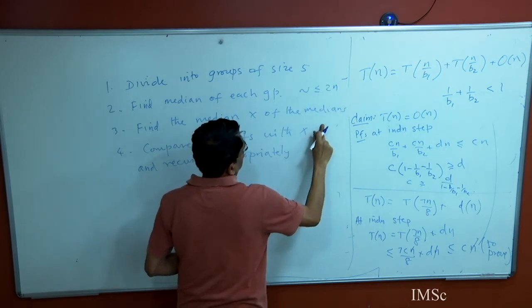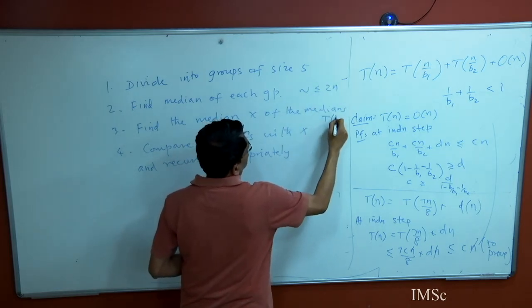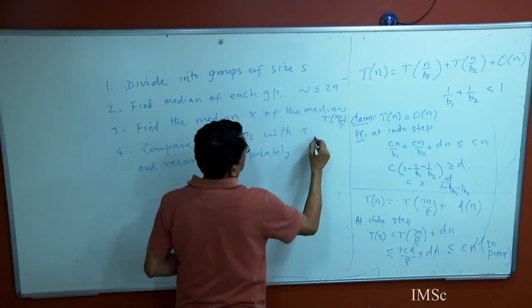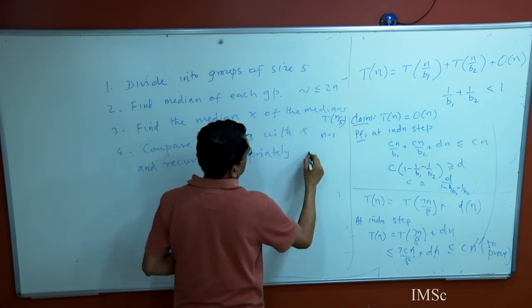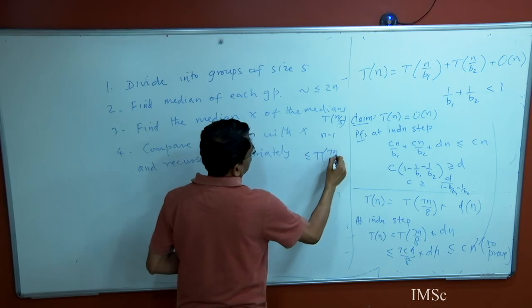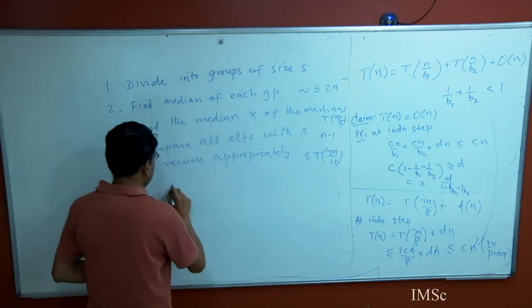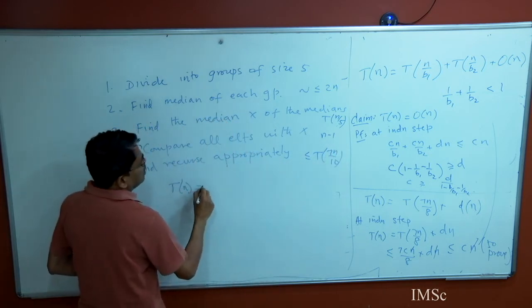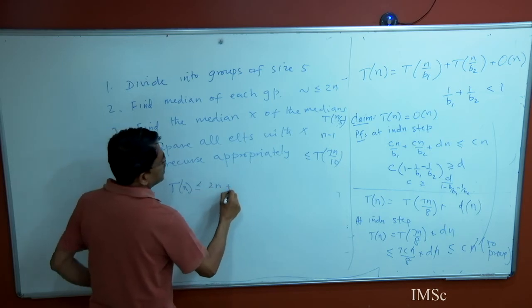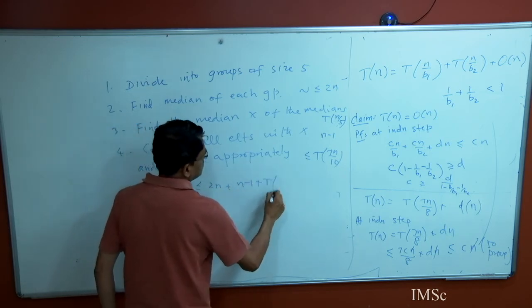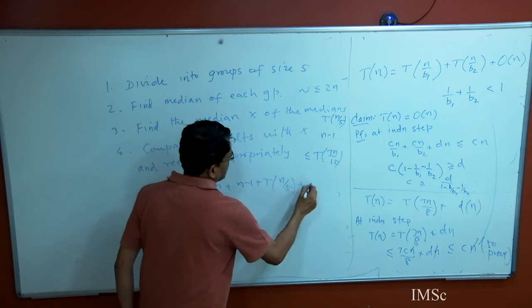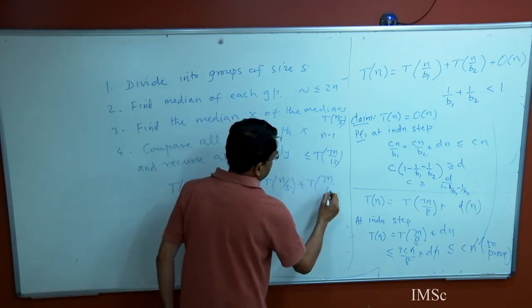This will be T(n/5). This is n minus 1 comparisons. And here we argued it's 7n/10. So my T(n) is at most 2n plus n minus 1 plus T(n/5) plus T(7n/10).